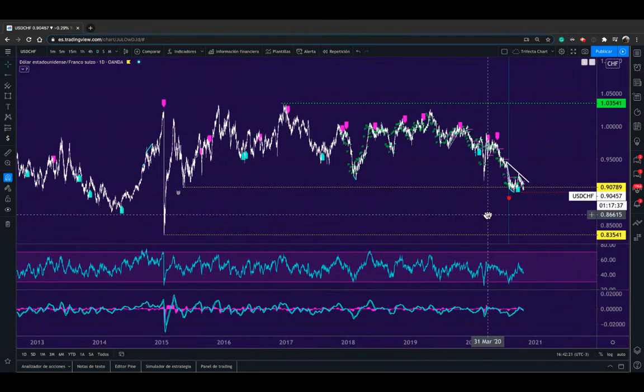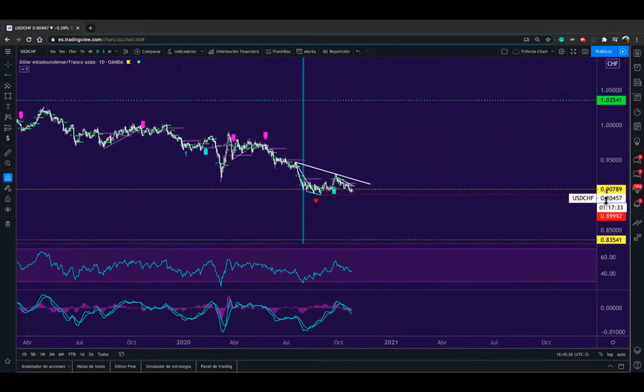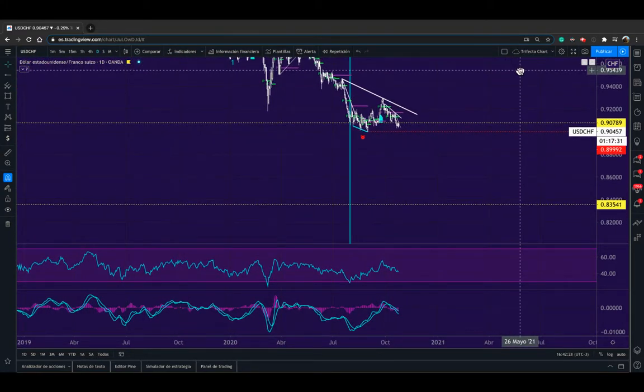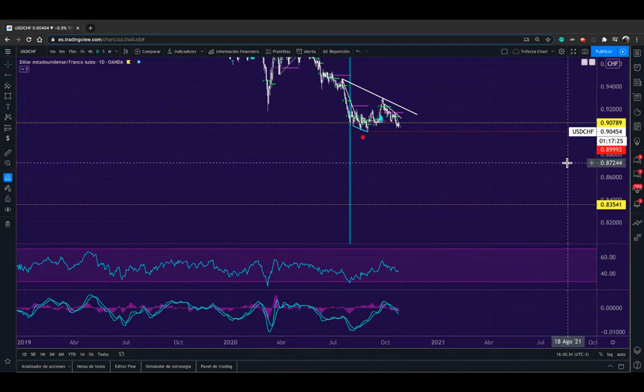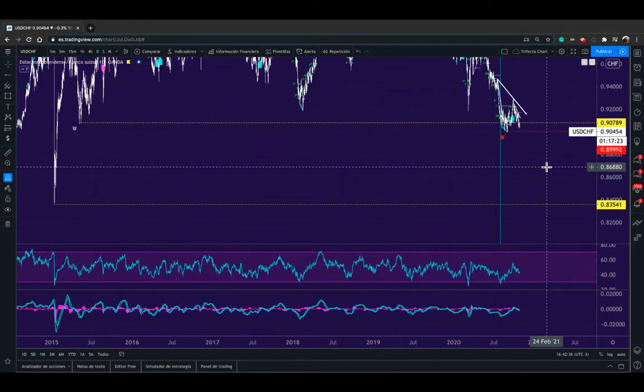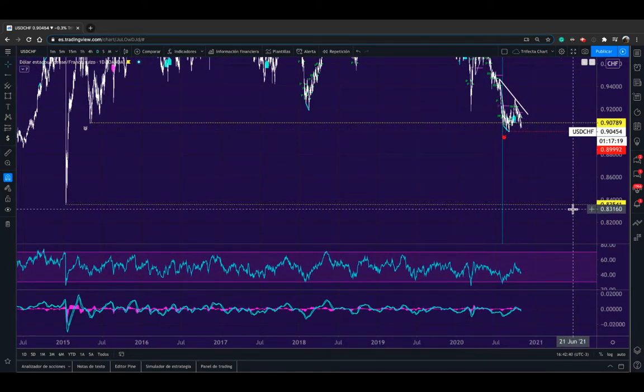If you pay attention to this red level, 0.8999, you're going to realize that if we break it, we have nothing between this red level and this yellow level.